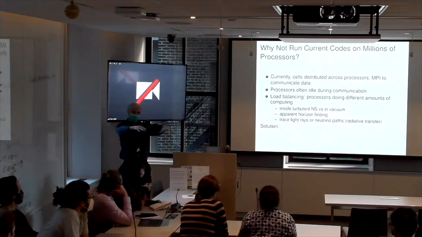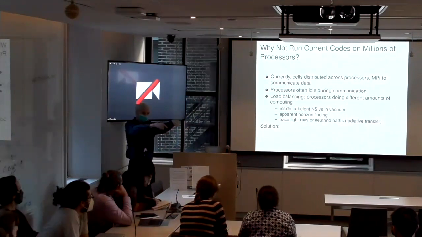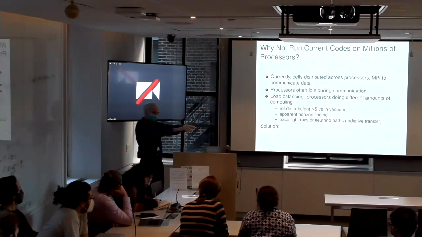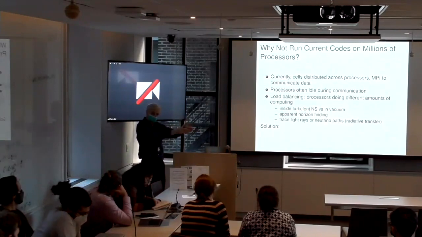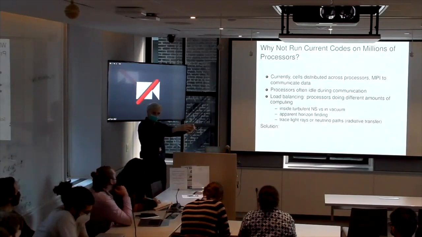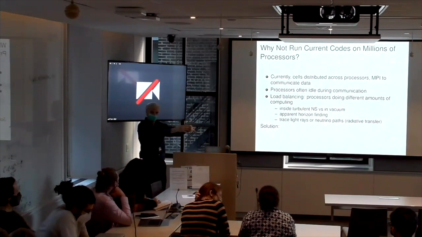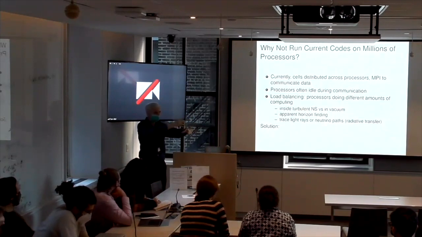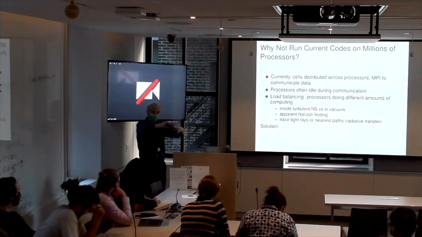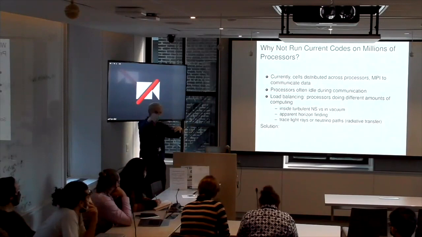We have our spatial grid, we divide it up into subdomains, and then we distribute the subdomains to different processors. All the calculations that have to be done on one particular subdomain are handled by the processor it resides on. And if it needs to communicate with neighbors or other things, we use MPI or something to either send or get information.